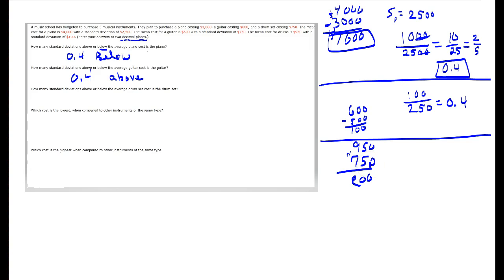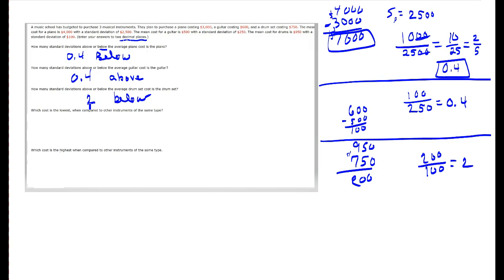Well, since we're paying less than the mean, it's going to be below the average. Now, how many standard deviations below? Well, we're looking at a standard deviation of 100. So we take 200, divide it by that standard deviation, and we get 2. So this time, we're going to be 2 standard deviations below the average.